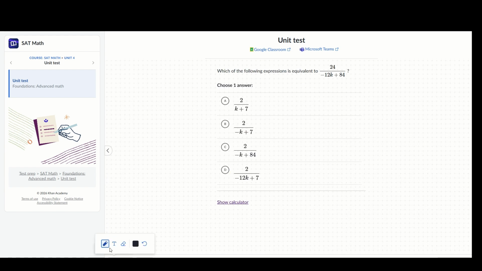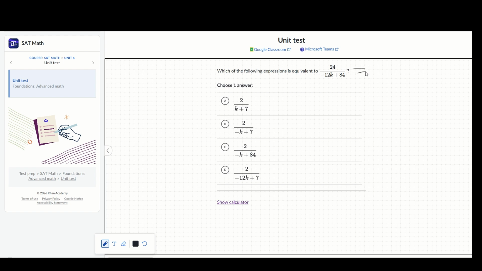Next, which of the following expressions is equivalent to this one? Minus 12 would be k minus 6, I guess. Is it correct, or is there anything I missed here? Yeah, it's true.